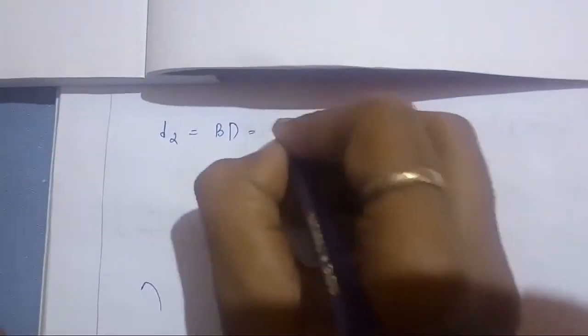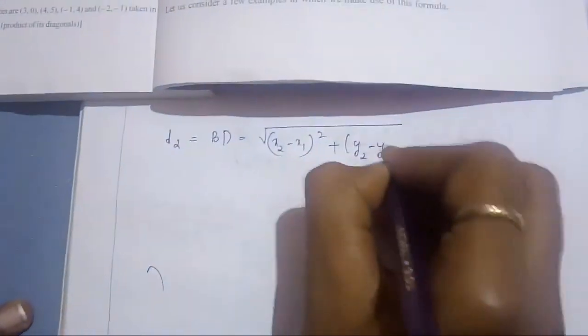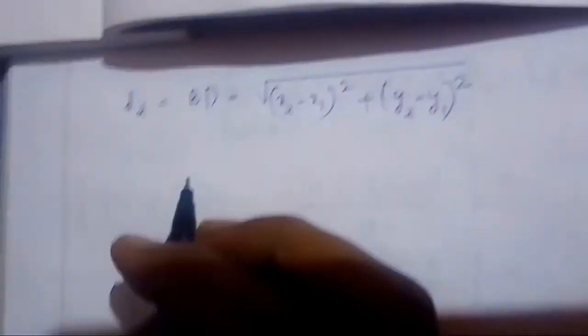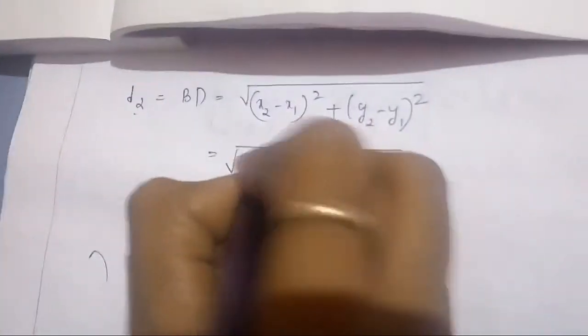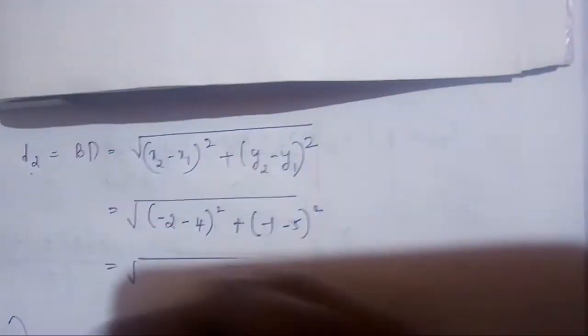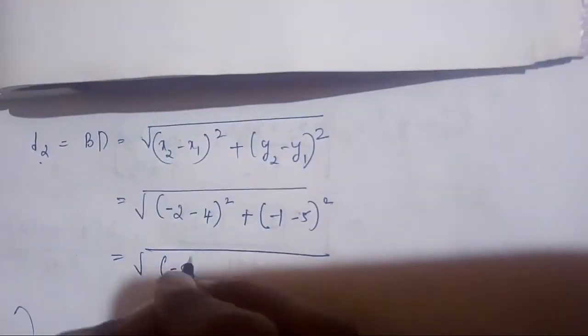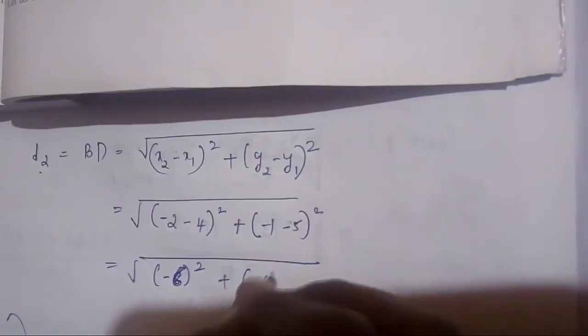Now D2 is equal to BD, that is square root of (x2 minus x1) whole square plus (y2 minus y1) whole square. For this also you need to apply the distance formula for the diagonal D2. Here x2 is minus 2, x1 is 4, y2 is minus 1, y1 is 5, that is square root of (minus 2 minus 4, which is minus 6) whole square plus (minus 1 minus 5, which is minus 6) whole square.